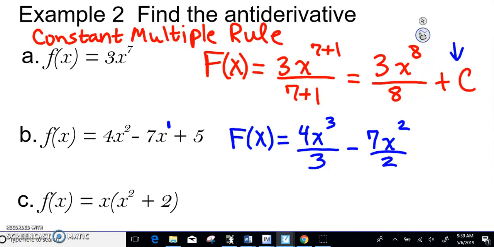So we do 7 times x squared over 2. And then if we look back at 5, this is x to the 0 power, because remember, anything to the 0 power is just 1, so that's 5 times 1, just 5. I'm going to add this step in so you can see it. So really, that's just 5x to the first power, or 5x.